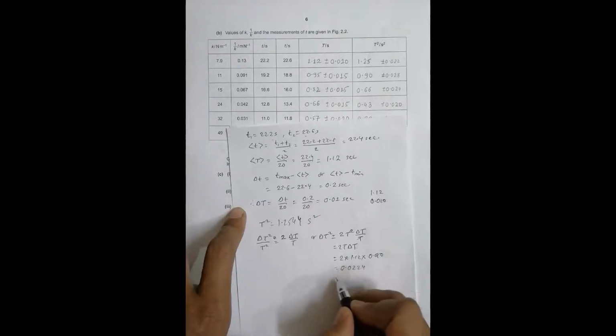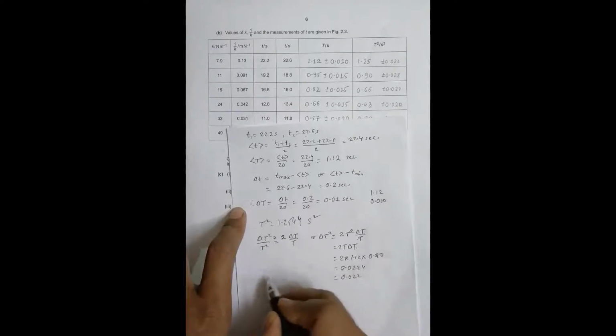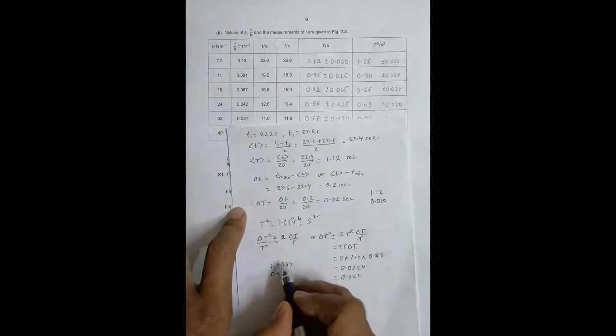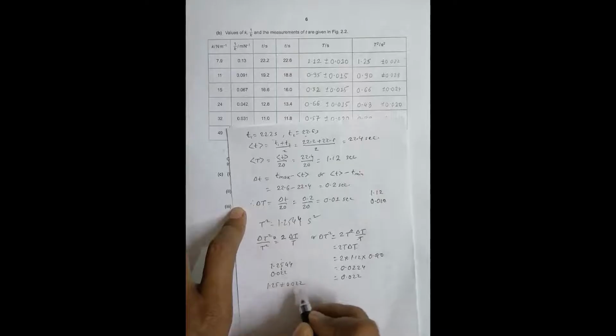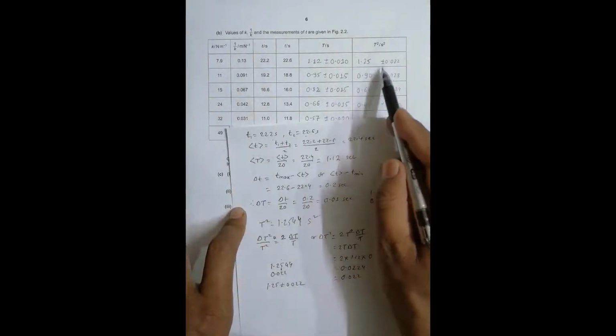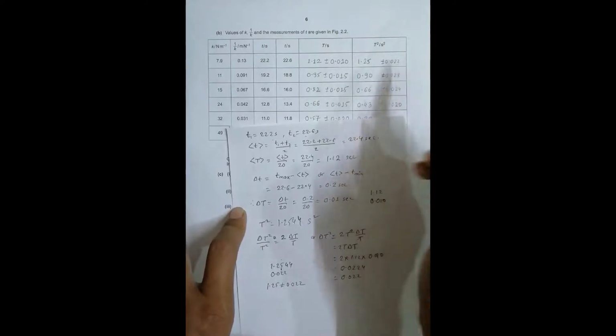When I use 2SF, it's only 0.022. Now we have this quantity as 1.2544. So the error starts from the second digit. So I must use this quantity only till the second digit, and the third and fourth digits should be neglected. So it should be 1.25 plus minus 0.022. That's why I have used 1.25 plus minus 0.022.